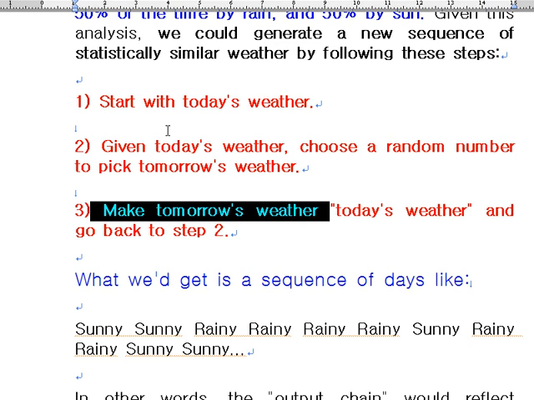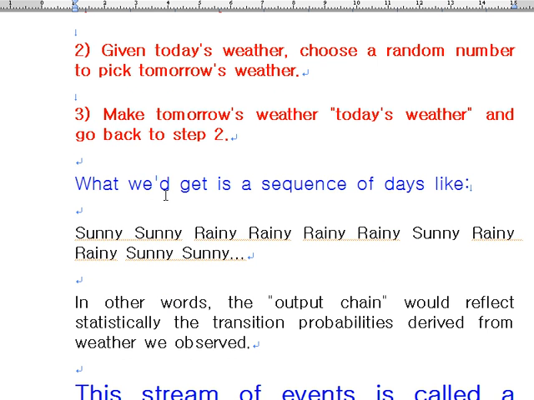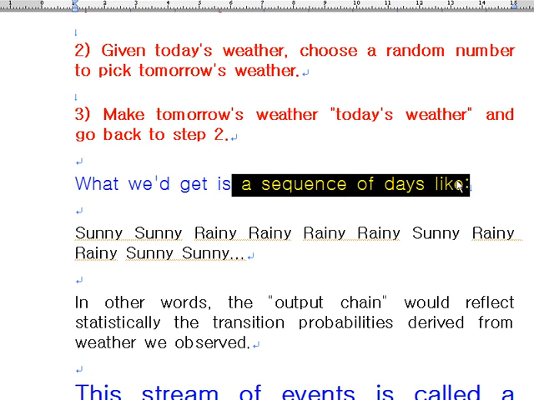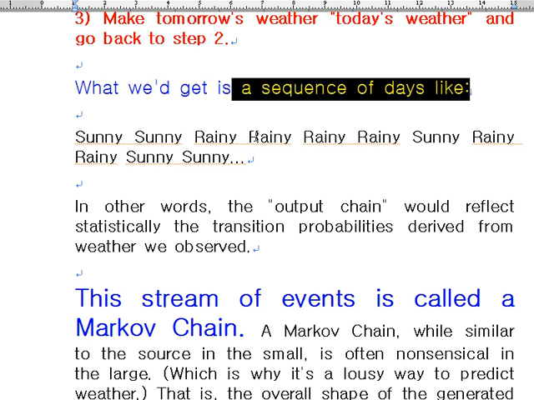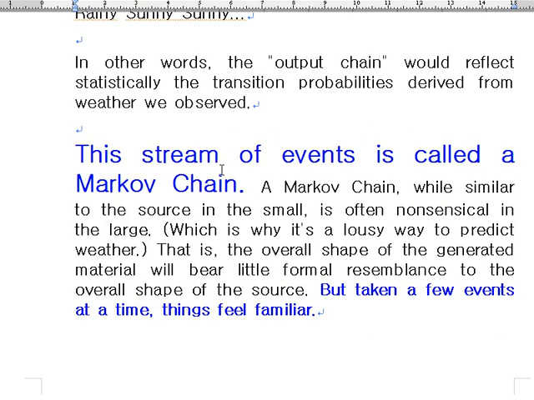What we get is a sequence of days like sunny, sunny, rainy, rainy, rainy, rainy, sunny, rainy, rainy. This is a simulation from the model that we have discussed.